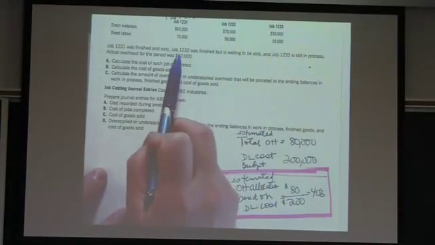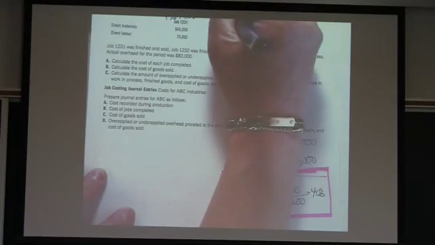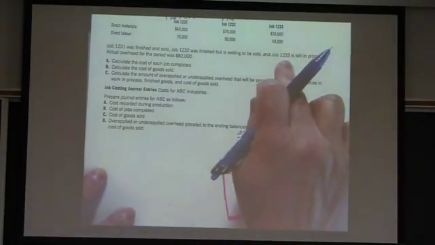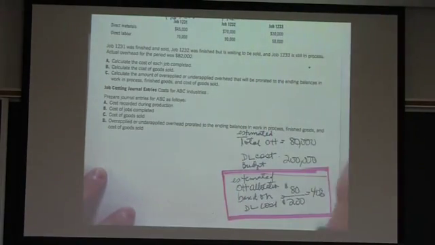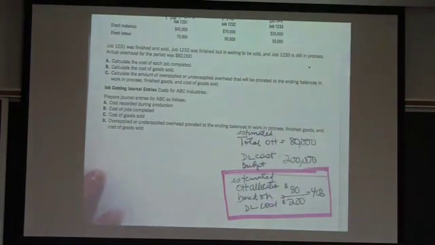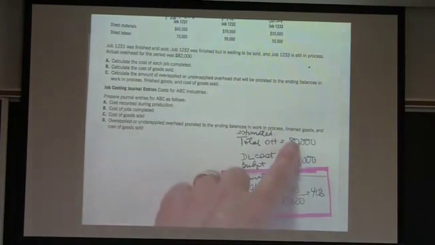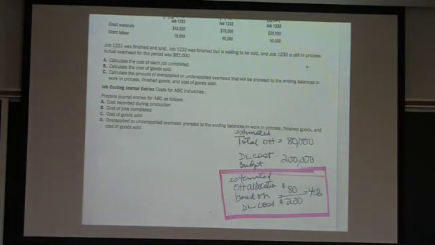We're told that job 1232 was finished, so this is in our finished goods. And we're told that 1233 is still in work in progress, so that will be in WIP, which stands for work in progress. Now, the actual overhead was $82,000. So the estimate was 80, the actual was 82.